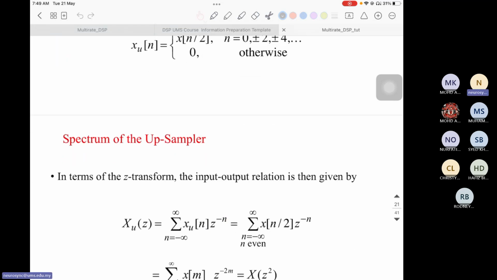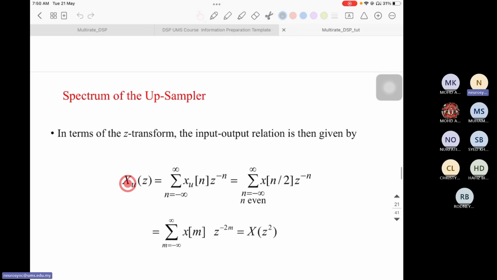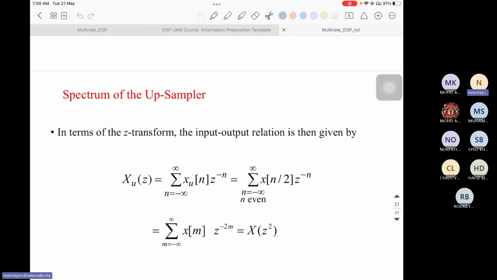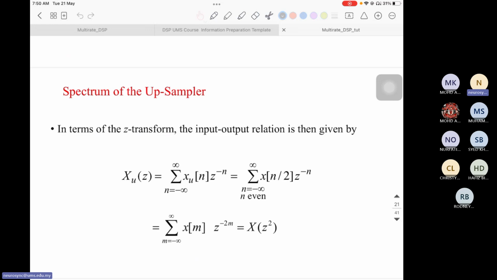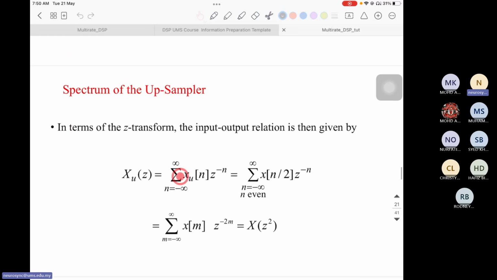So this is the relation. Now, if I want the spectrum of this upsampler, this is the case illustrated for factor L equal to 2. In terms of Z transform, I will write this input-output relation like this. Xu of Z, if I apply the Z transform, is the summation from n equal to minus infinity to infinity of Xu of n, Z to the power minus n.